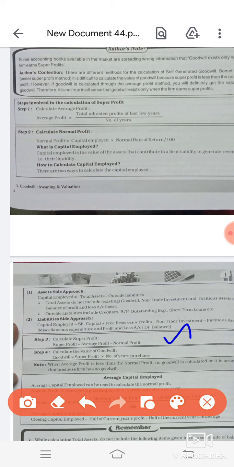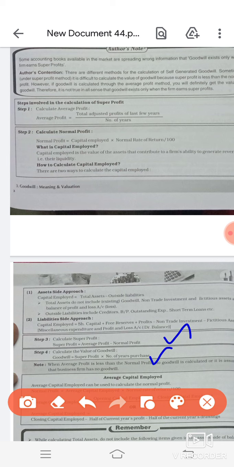In order to calculate the value of goodwill, the formula is super profit into number of years purchase. That is the step 4. In this, the number of years purchase will already be in the sum itself, so no problem, and super profit only we have to calculate. To calculate the super profit, the formula is average profit minus normal profit, and we already know how to calculate the average profit.